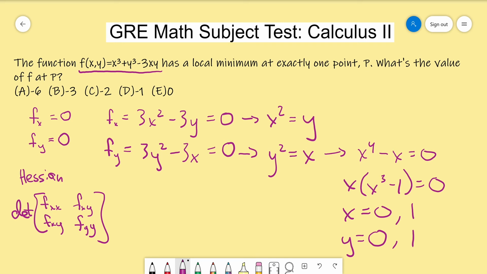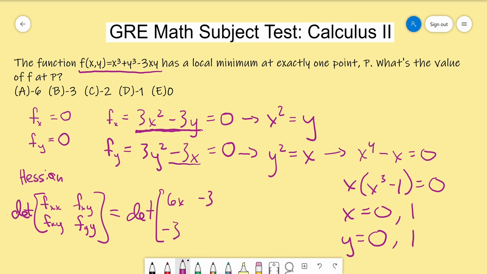So, what is this determinant going to be? Well, fxx is going to be the derivative of 3x squared minus 3y with respect to x. That's 6x. fxy is going to be the derivative of this same fx with respect to y, so that's going to be negative 3. fyx or fxy is going to be the same thing, negative 3.